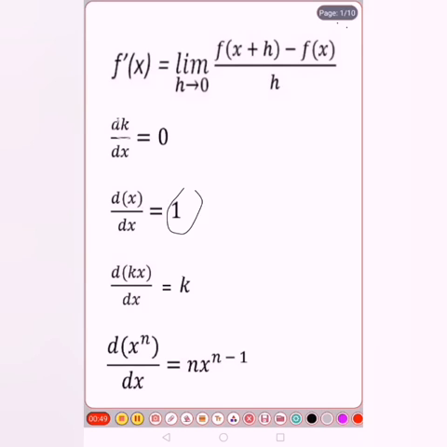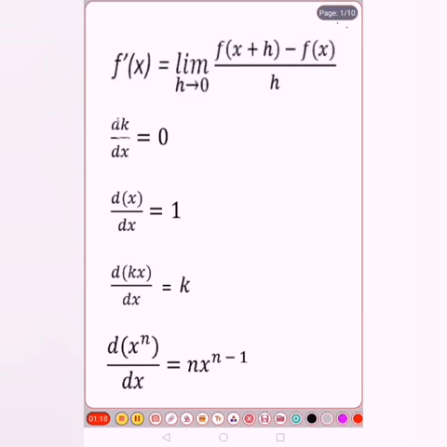Now d/dx of kx is equal to k. In this, the constant is not differentiated, because constant k is a scalar multiple of the variable x, it comes out of d/dx and only x is differentiated, that is 1. 1 into k, that is k.